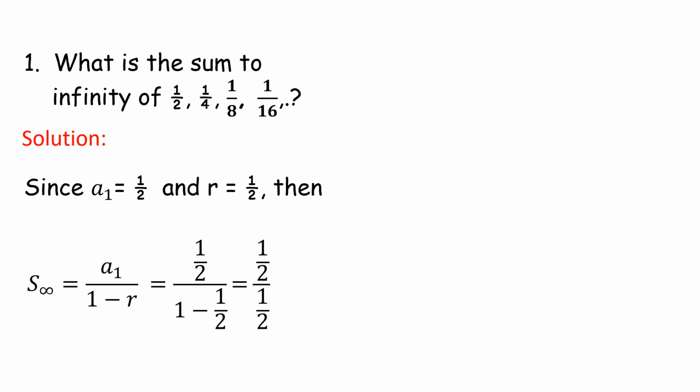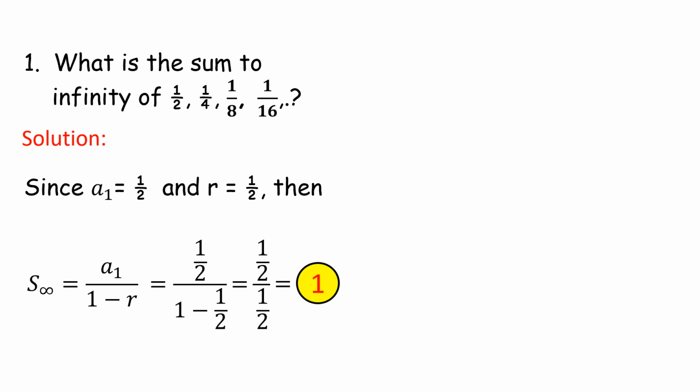We have 1/2 divided by 1 minus 1/2, which is 1/2 also. And then 1/2 divided by 1/2 is equal to 1. So that is our sum to infinity given the sequence 1/2, 1/4, 1/8, and 1/16.